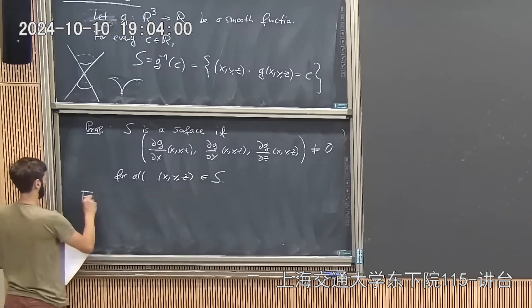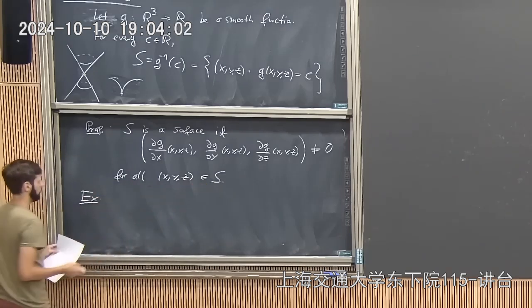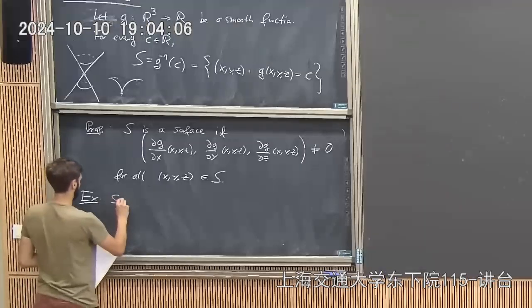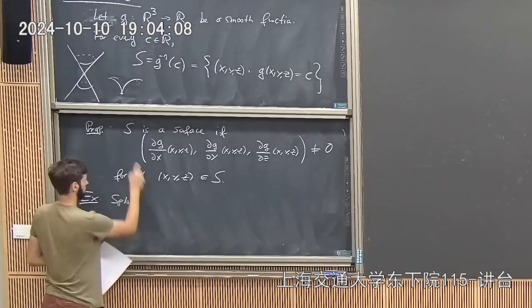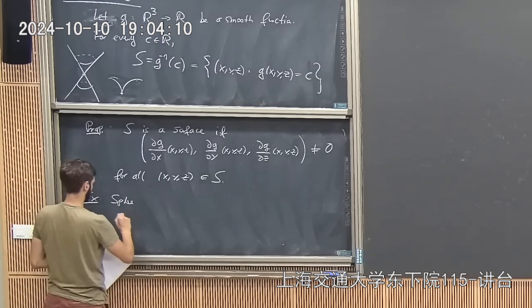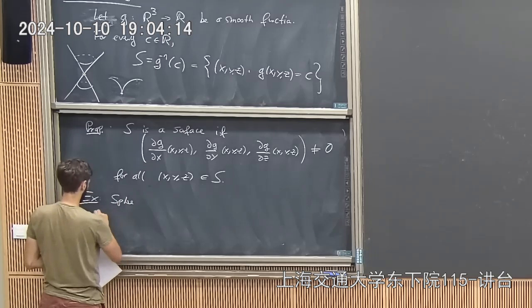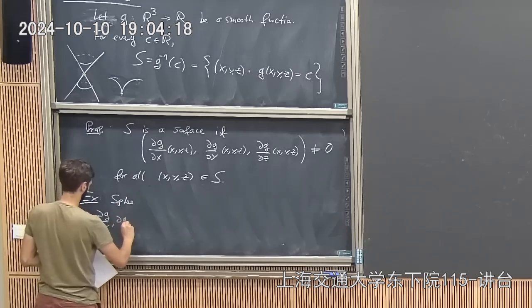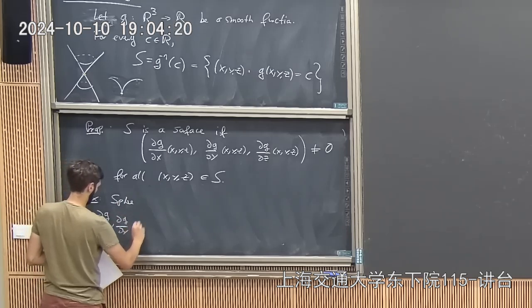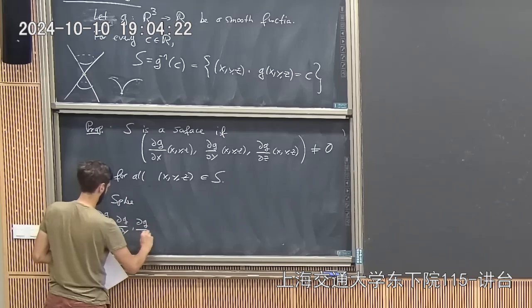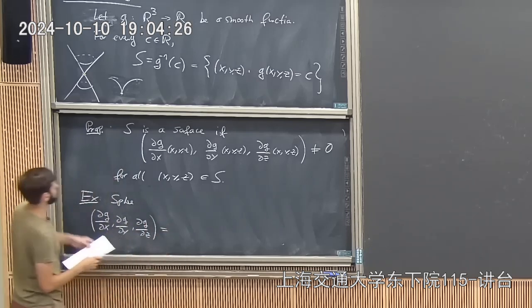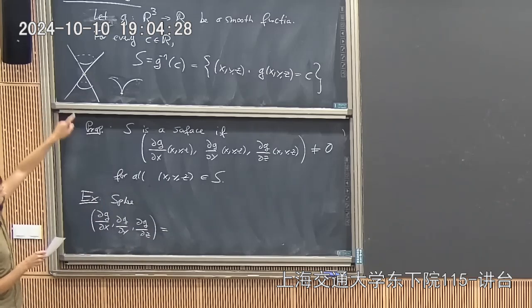For example, if you look at the example of the sphere, you take the gradient of g, which is just a quadratic thing.